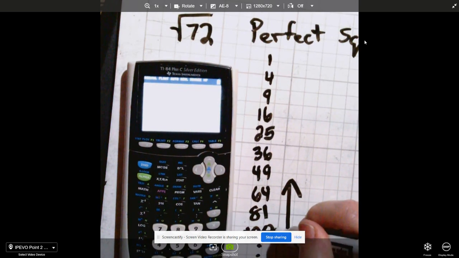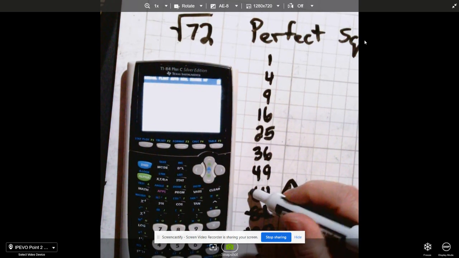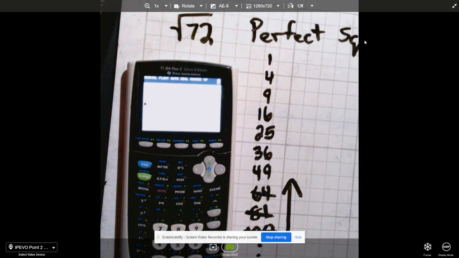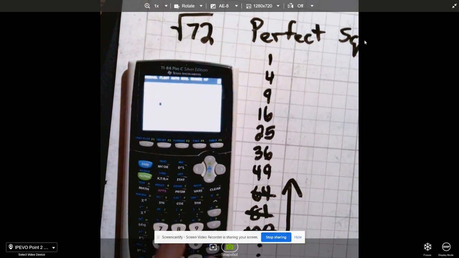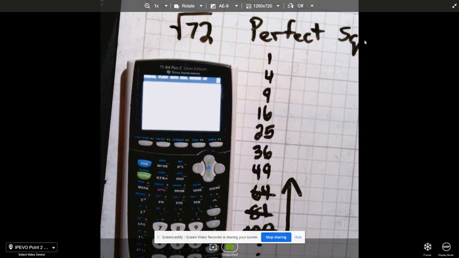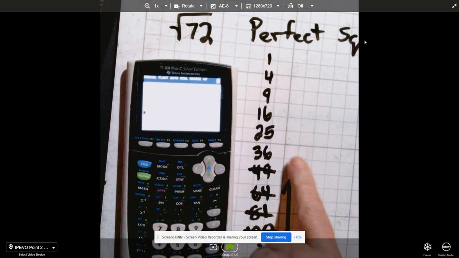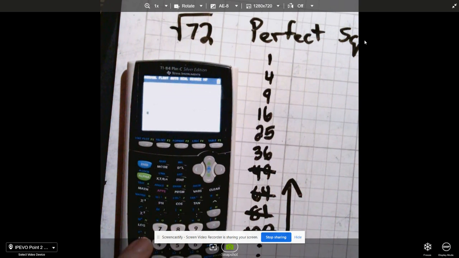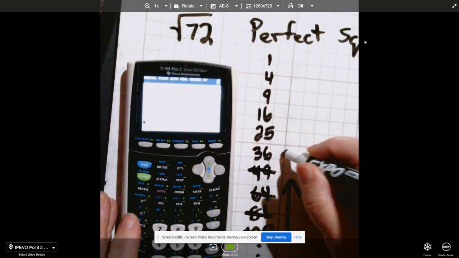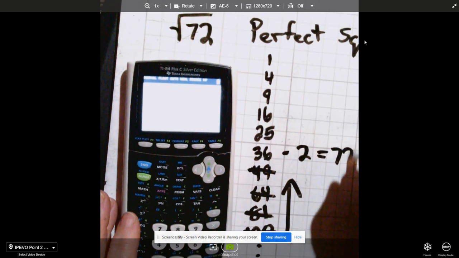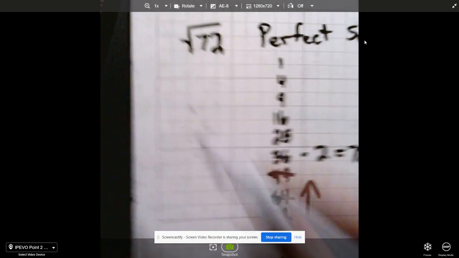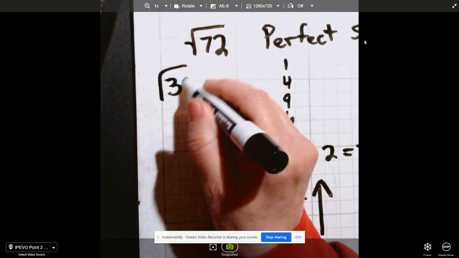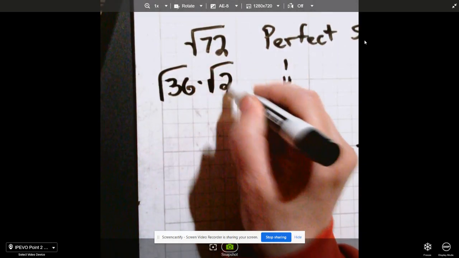So I know it's not going to be divisible by 100 or 81 or even 64, but let's see if it's divisible by 49. So 72 divided by 49, I get 1.46. So nope, not 49. Let's see if it's divisible by 36. 72 divided by 36. Oh, yes, I get 2. So I know that 36 times 2 equals 72. So now I'm going to write the square root of 72 as the square root of 36 times the square root of 2.